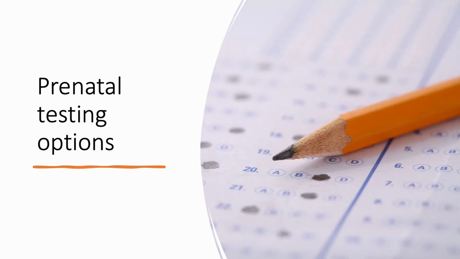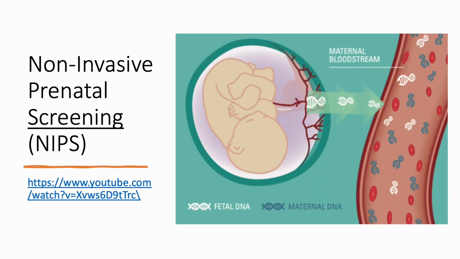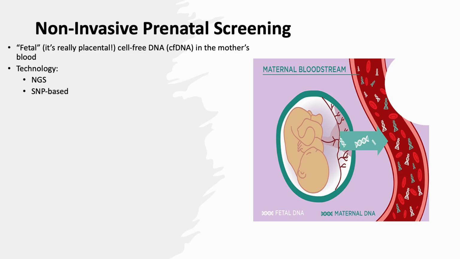Now let's move on to prenatal testing options. The first we will cover today is non-invasive prenatal screening, or NIPS. While we often refer to it as testing for fetal DNA, it's important to note that this cell-free DNA primarily comes from the placenta and is found in the mother's blood. NIPS typically uses next-generation sequencing and can be SNP-based.